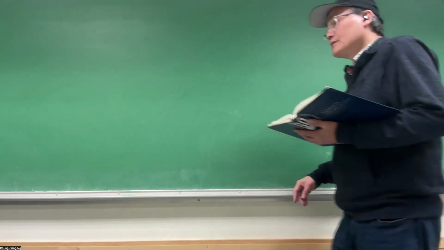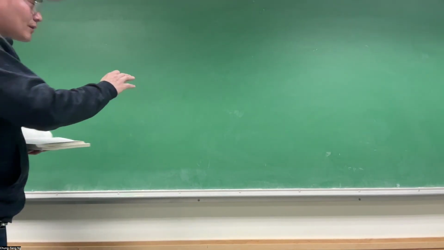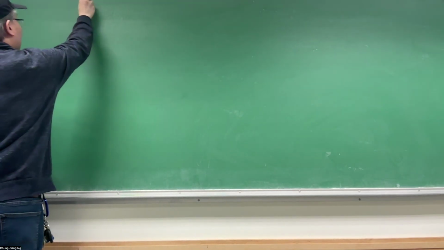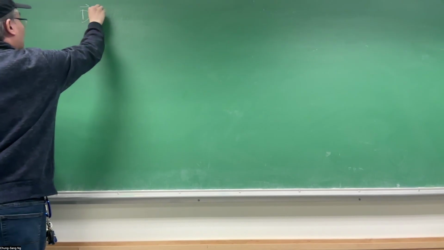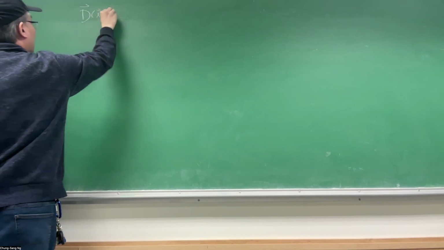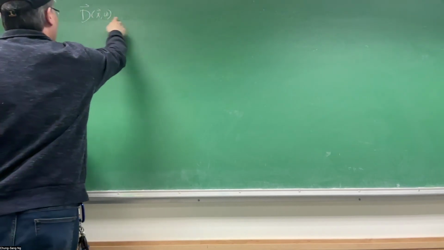Epsilon is a function of frequency. That's our starting point. Now it depends on spatial location, but it depends on omega.